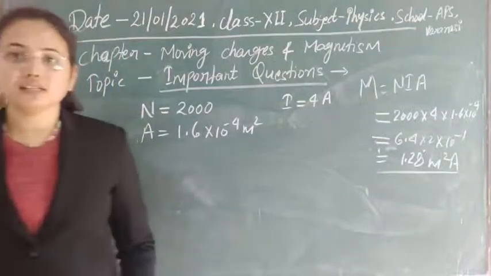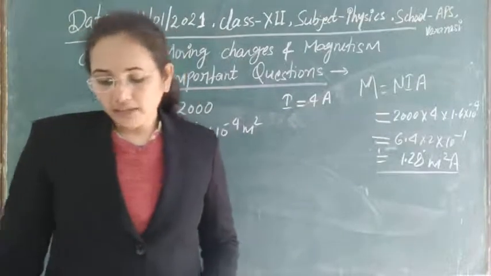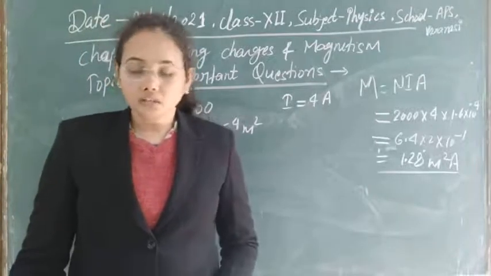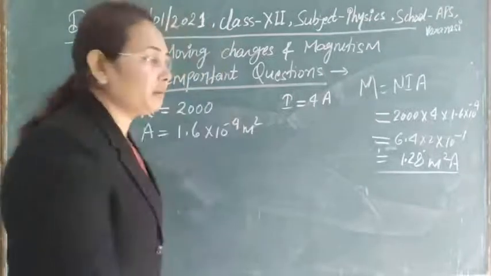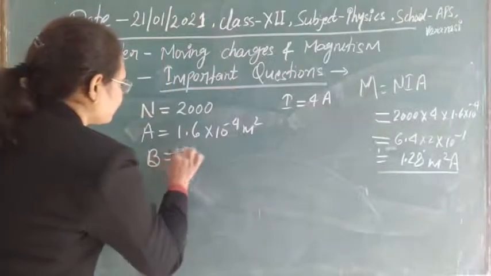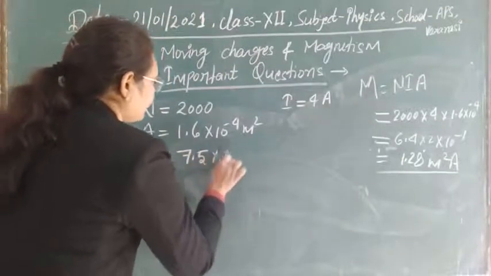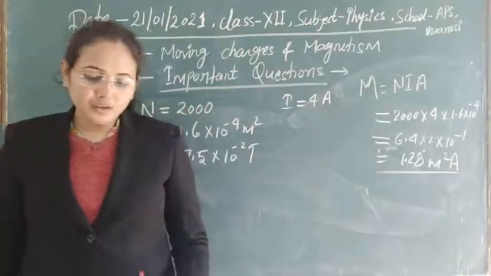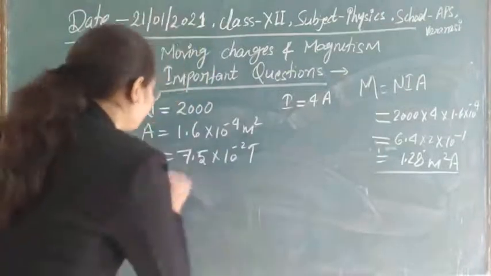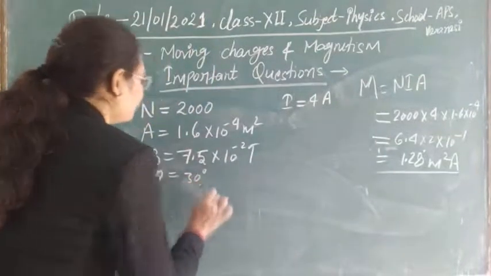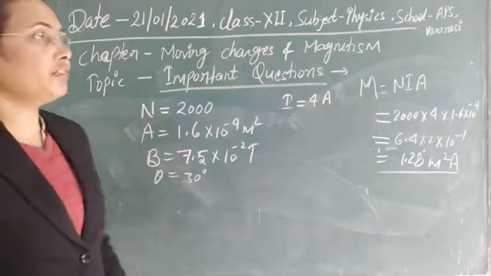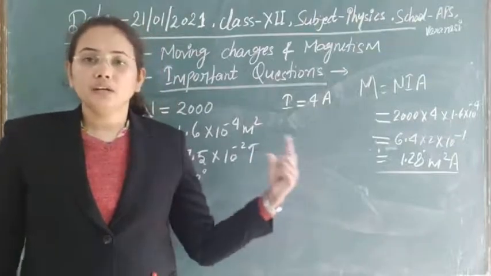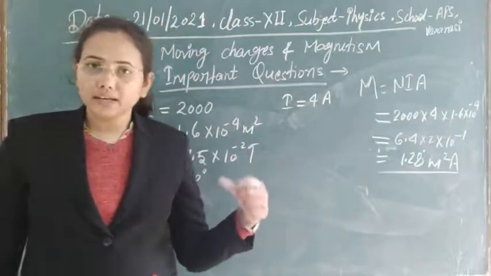The second question asks: what will be the magnitude and direction of the torque on the solenoid if a horizontal magnetic field of 7.5 into 10 to the power minus 2 Tesla is set up at an angle of 30 degrees with the axis of the solenoid. First, we have suspended the solenoid through its center and it is free to move in any horizontal plane.